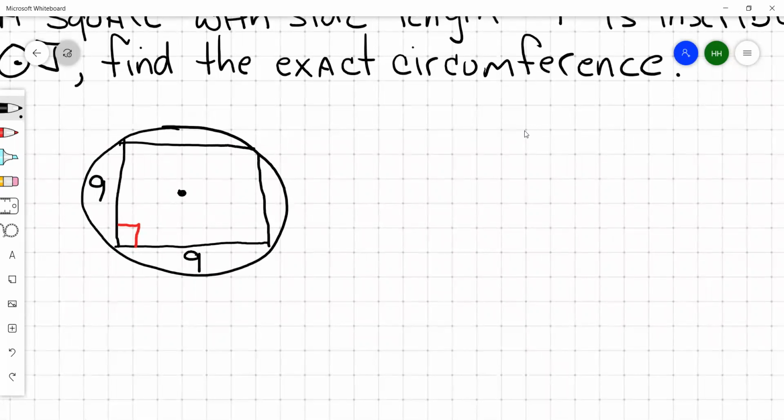So what you've got to do is use your right triangle rules here. We're going to dash in this hypotenuse. All right? And what you've got here is now a right triangle whose hypotenuse is the diameter of a circle. And if you know the diameter of that circle, you can find the circumference.